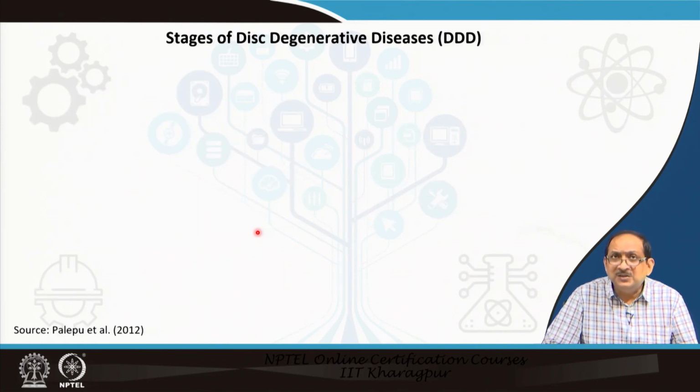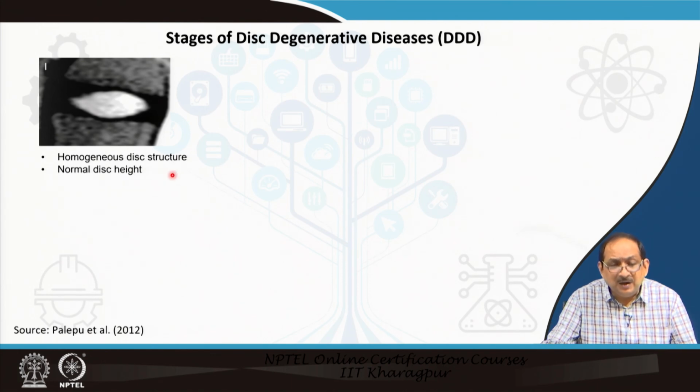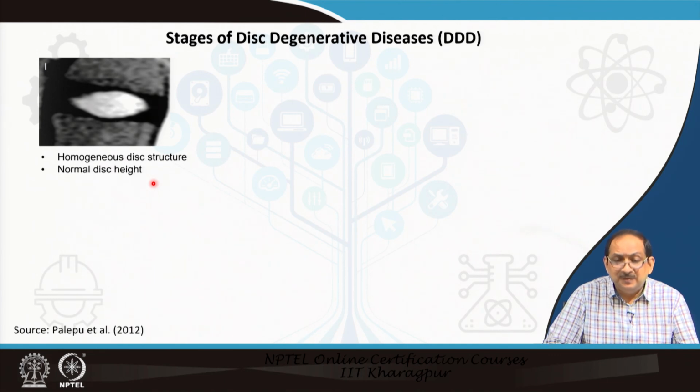The different stages of the degenerative diseases are plotted one by one. We start with stage 1, where we see a homogeneous structure of the intervertebral disc, and the disc height is normal at the first stage.